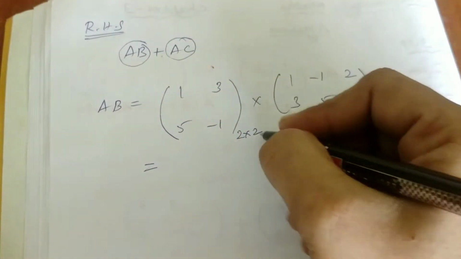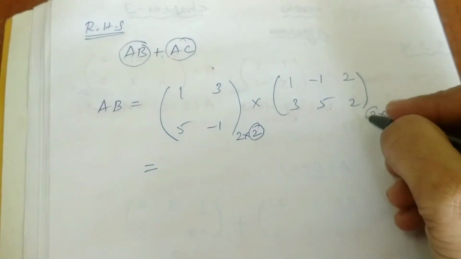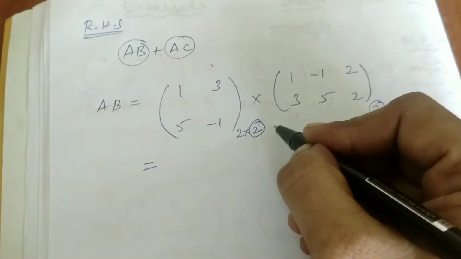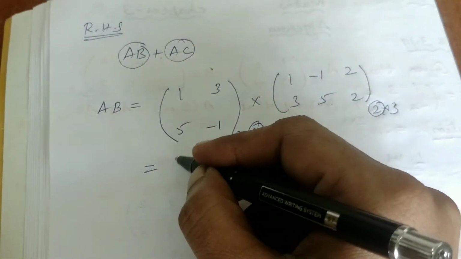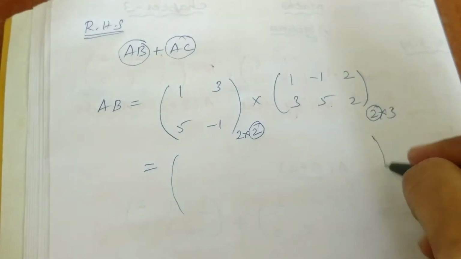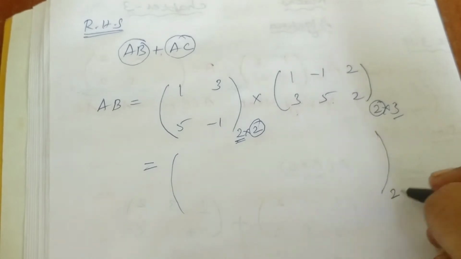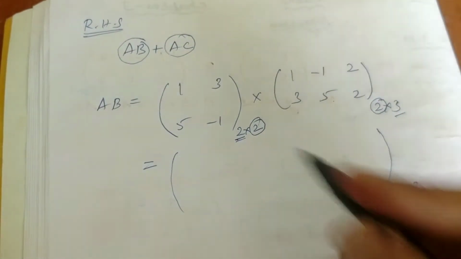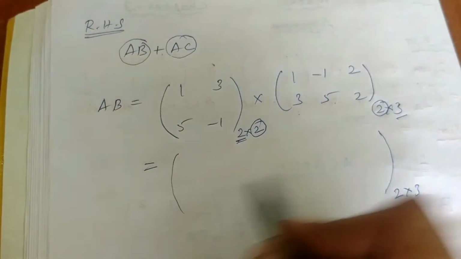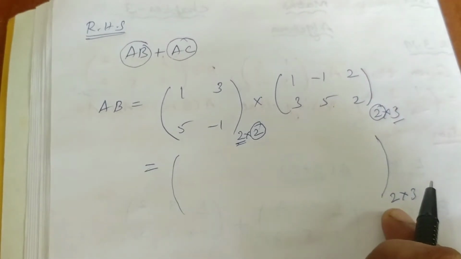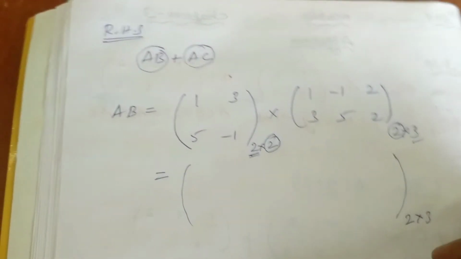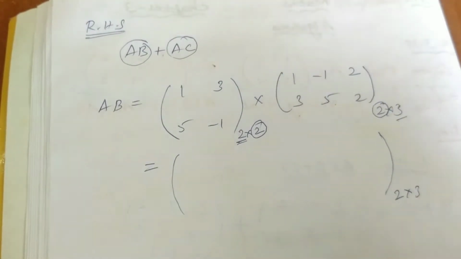So, number of columns in A and number of rows in B, those two are matching. Therefore, the order of our product matrix is nothing but the remaining order. So, 2 by 3. So, in our resultant matrix, we are having 2 rows and 3 columns.